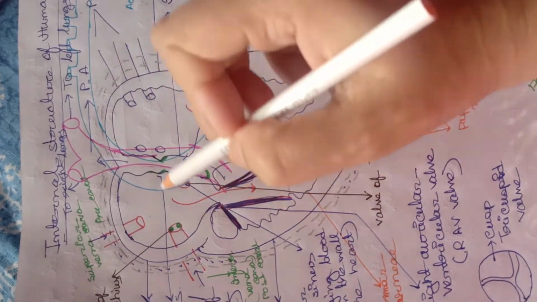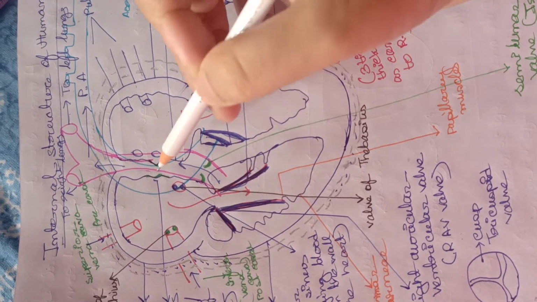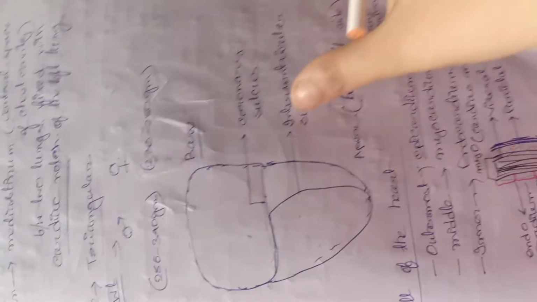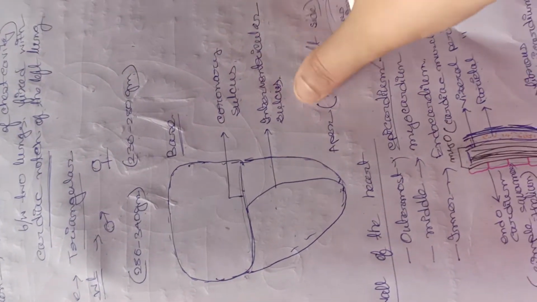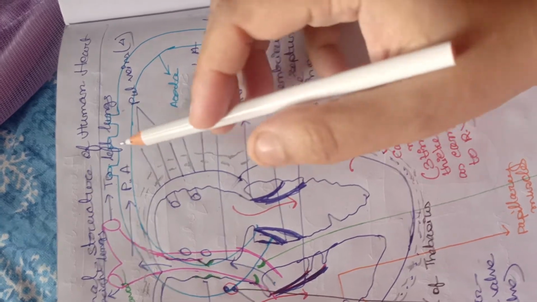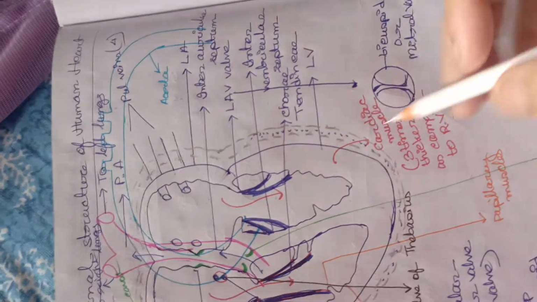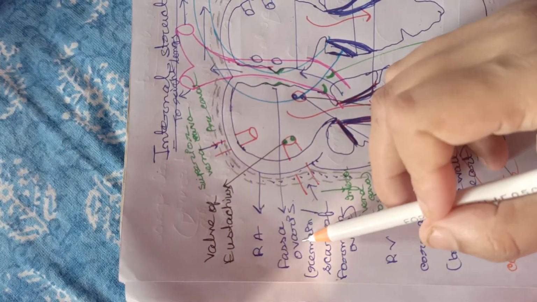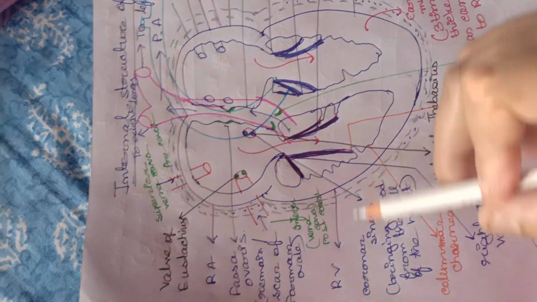Between them there are septa present. We know this is called the interventricular sulcus. You see, I have drawn this is the left ventricle, this is the left auricle, right auricle, right ventricle.